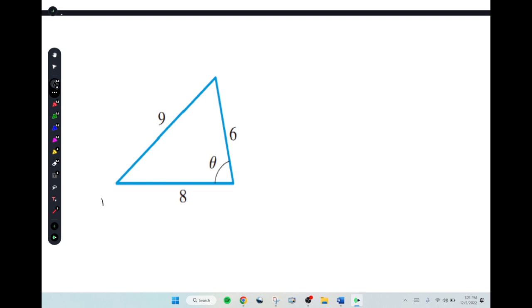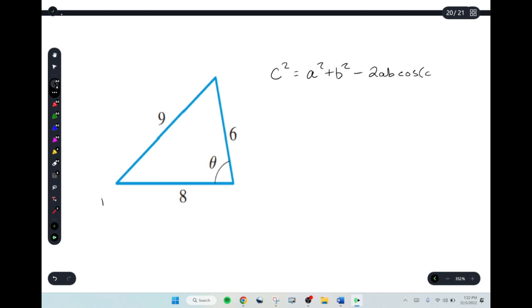The cosine one looks like the Pythagorean theorem, where c squared equals a squared plus b squared minus 2ab cosine of C. So let's call these two c. So we're going to go 9 squared equals, what do we got?